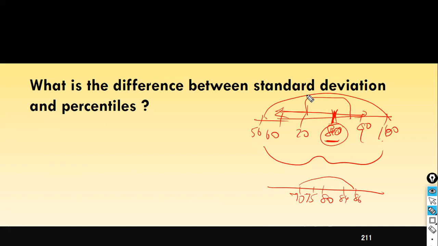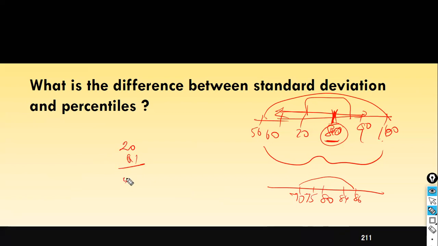Like I said, the quartile one value was 20. What does it say? 25% of your data values are less than or equal to 20. That is the comparison of values at different parts of the data.